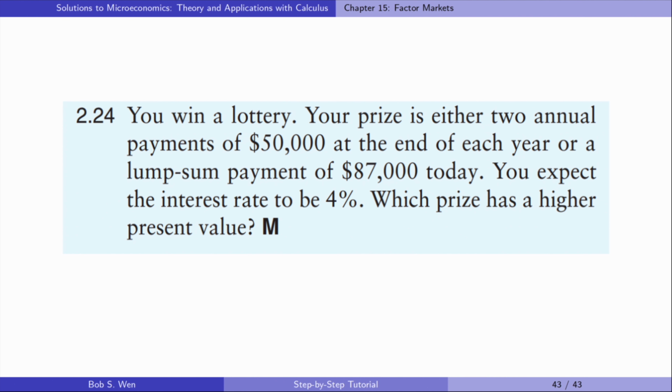Let's go to exercise 2.24. You win a lottery. Your prize is either 2 annual payments of $50,000 at the end of each year or a lump sum payment of $87,000 today. You expect the interest rate to be 4%. Which prize has a higher present value?